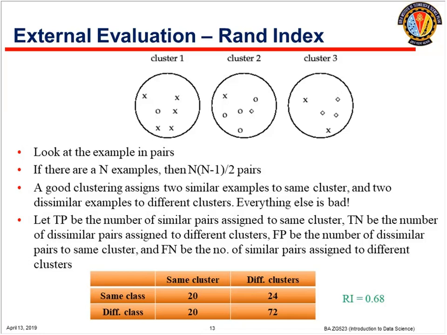True negative means correctly in different clusters, so you'll need all the different pairs. That is a different thing, that is false negative. That is true negative, that's fine. Different cluster, different pair. Yeah, that's fine, true negative.